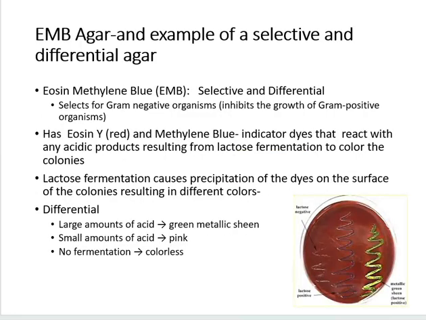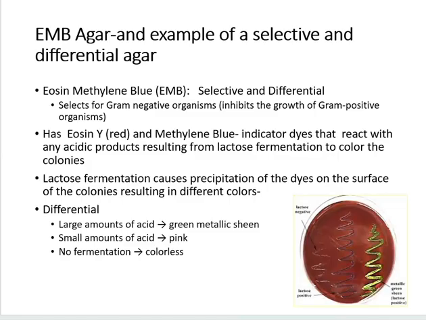EMB, eosin methylene blue. Okay, this is selective and differential. Eosin is a red dye. Methylene blue is a blue dye. So this selects for gram-negative organisms, and it has eosin Y, which is red, and methylene blue, and they will react with any acidic products resulting from lactose fermentation, and it colors the colonies.